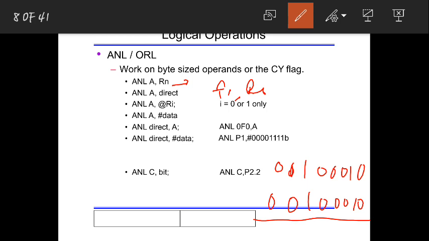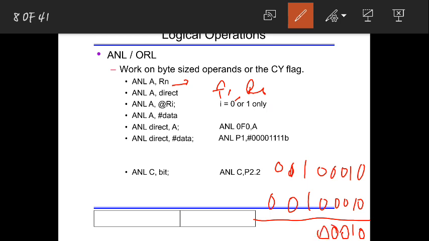Whenever you have 0 and 0, you will get 0.